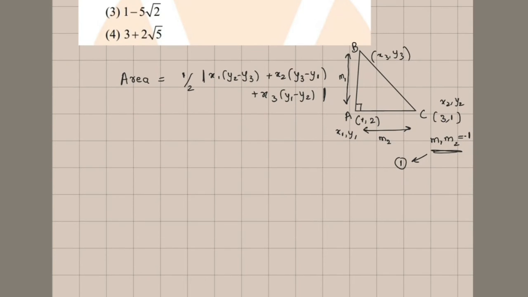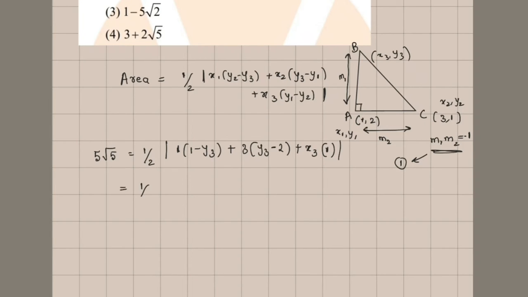Okay, let's see. Area is 5 root 5, which is half into modulus of x1, which is 1, into y2 minus y3, which is 1 minus y3, plus x2, which is 3, into y3 minus y1, 3y3 minus 2... wait, 3 into (y3 minus 2), plus x3 into y1 minus y2. y1 is 2, y2 is 1, so 2 minus 1 is 1.